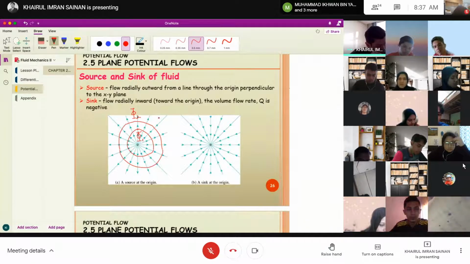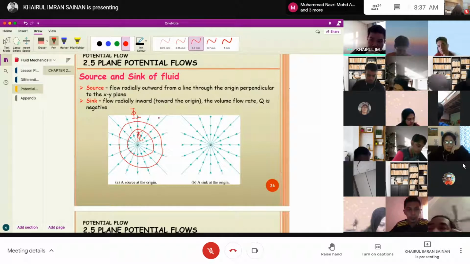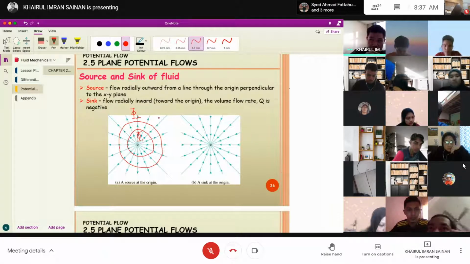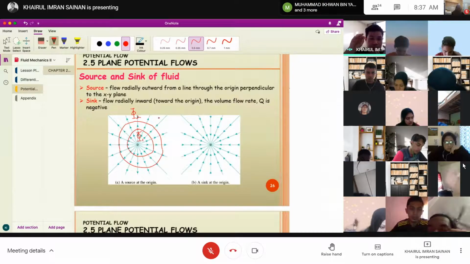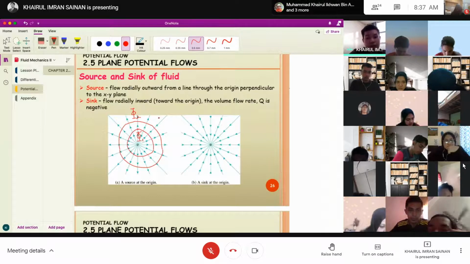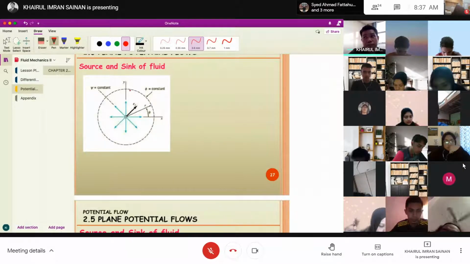Okay. Now take a look, based on the videos, right? The area expands. It becomes larger. So there is a change of area, right? Okay, there is a change of area.